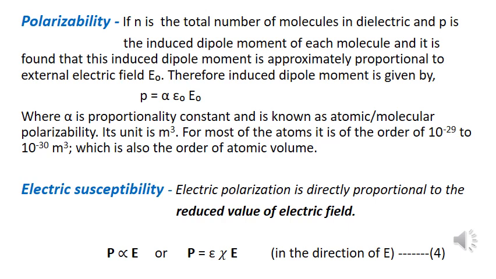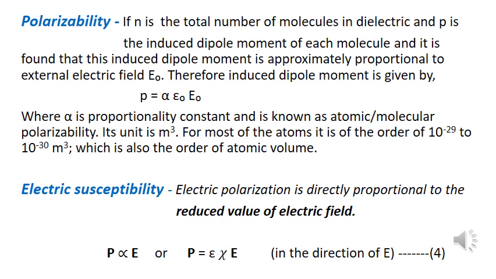Moving to our next topic, which is electric susceptibility. Electric susceptibility indicates the degree of polarization of a dielectric material when it is exposed to an applied electric field. It was found that the electric polarization is directly proportional to the reduced value of electric field.